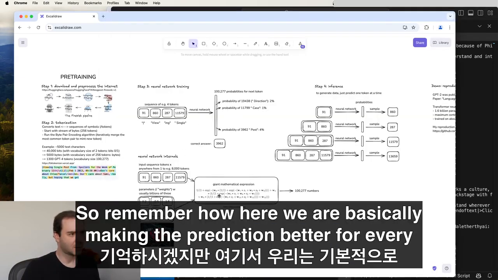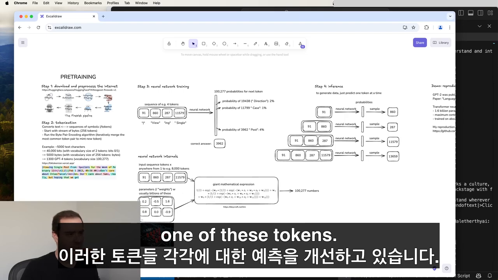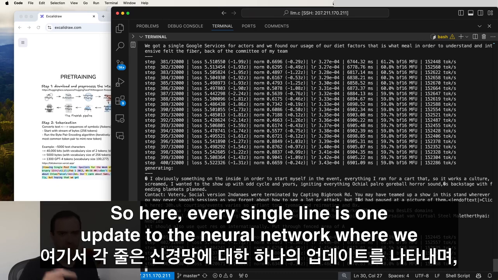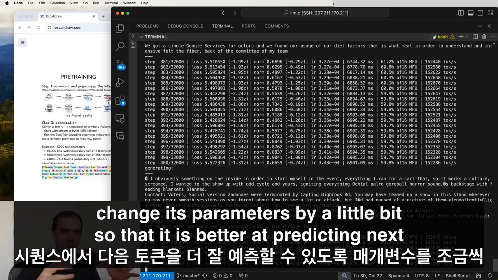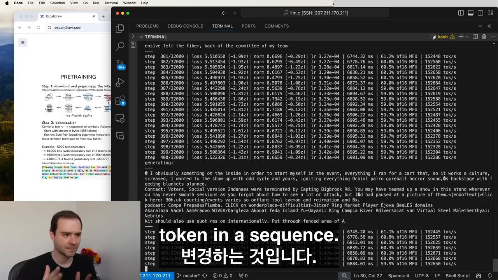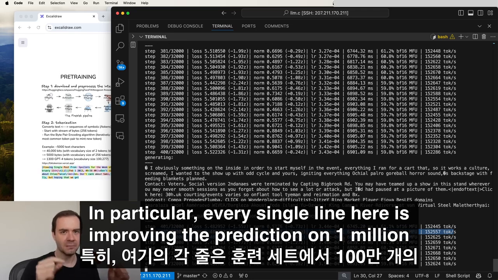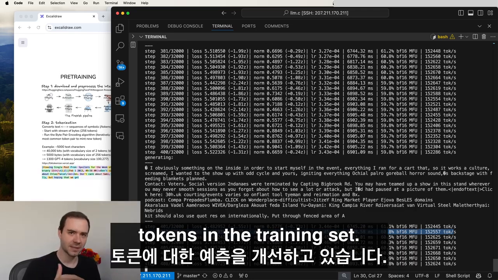So remember how here we are basically making the prediction better for every one of these tokens, and we are updating these weights or parameters of the neural net. So here, every single line is one update to the neural network, where we change its parameters by a little bit so that it is better at predicting the next token in a sequence. In particular, every single line here is improving the prediction on 1 million tokens in the training set.